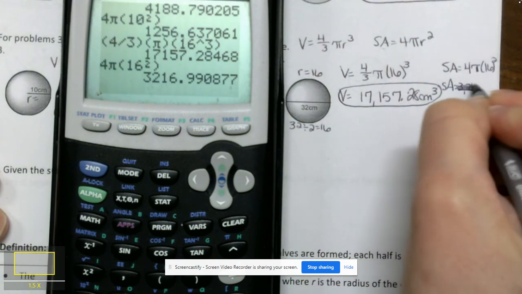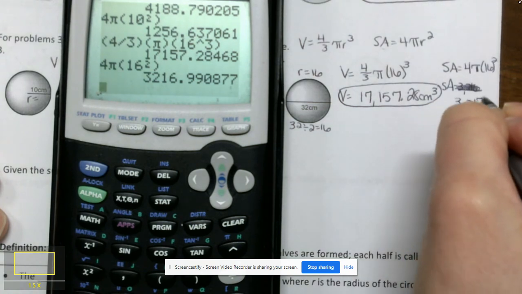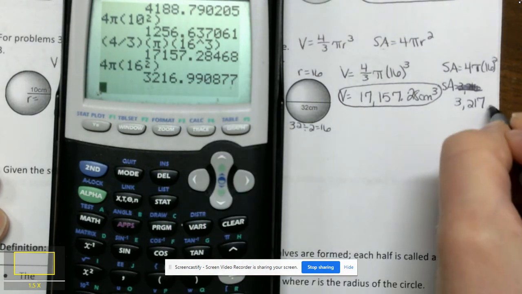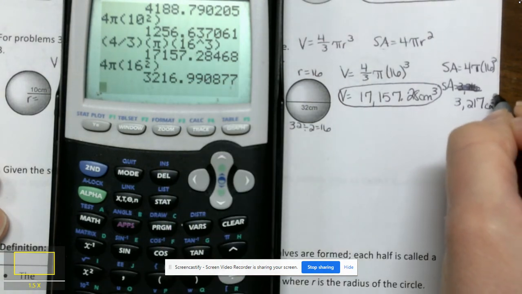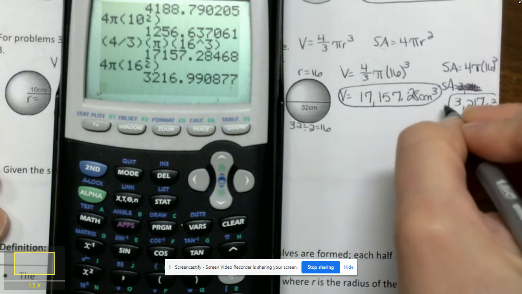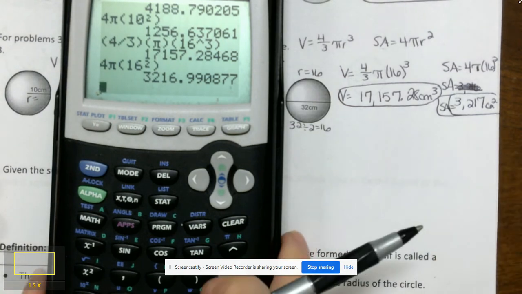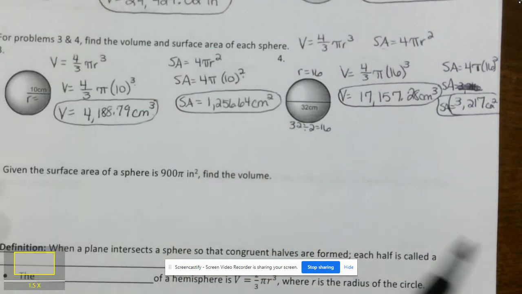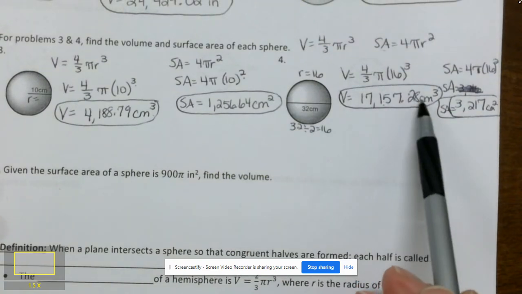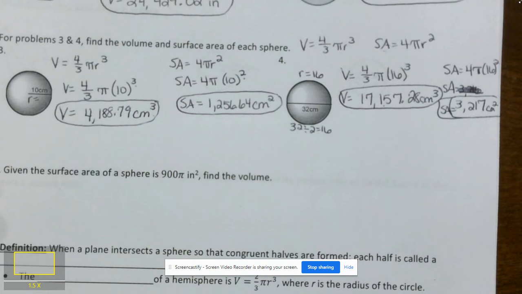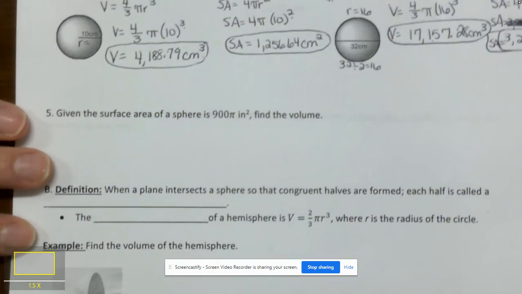Actually, I'm going to write that as 3,217 because that 0.9 would round up. This is going to be centimeters squared this time. So our surface area equals 3,217 centimeters squared. Notice again, your volume is cubed, your surface area is squared. Okay, let's do one more example.